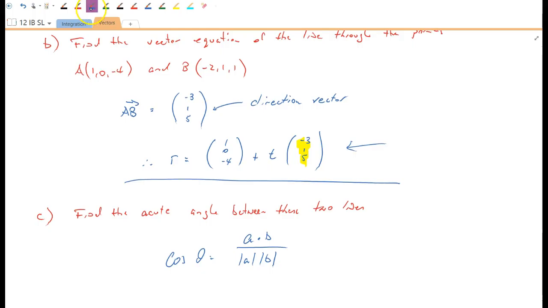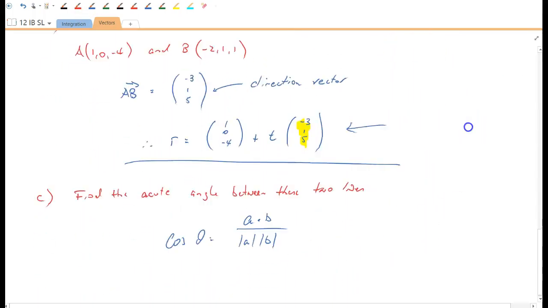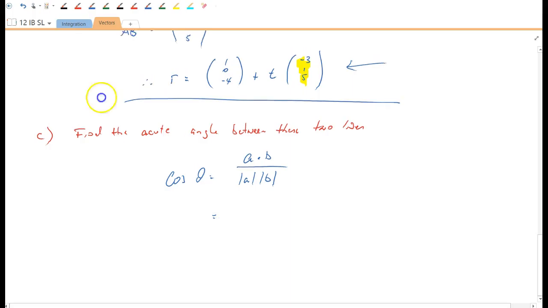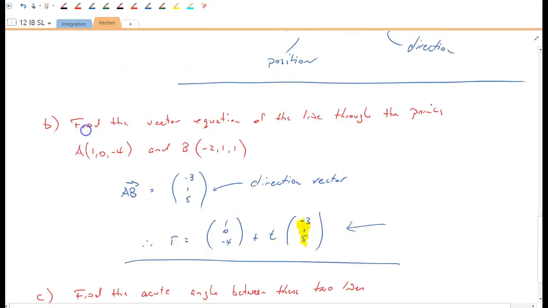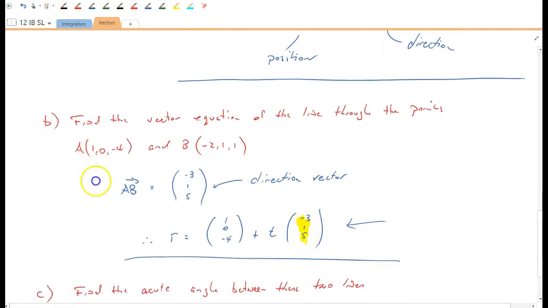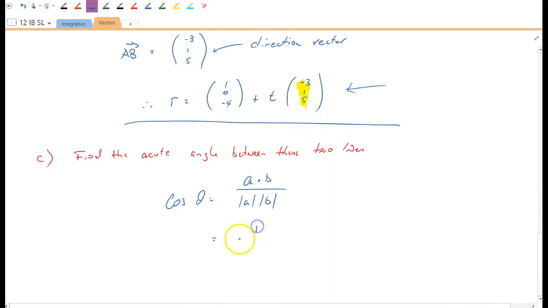So a dot b will be equal to, and I'm just struggling because I'm going backwards and forwards, but we're looking at a dot b being minus 3 times minus 1, so that's 3, plus 3, 6, minus 5, 1. So a dot b is equal to 1.